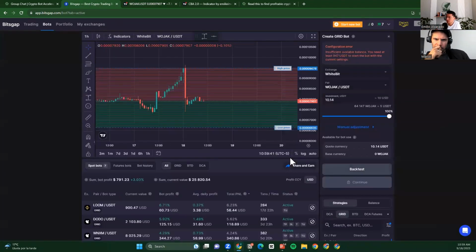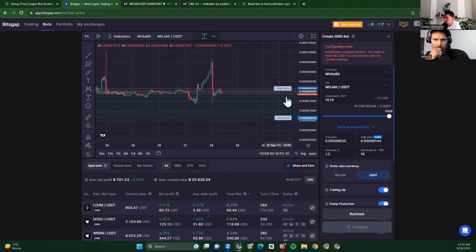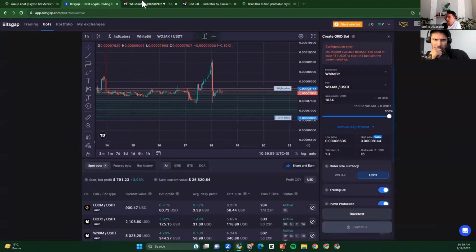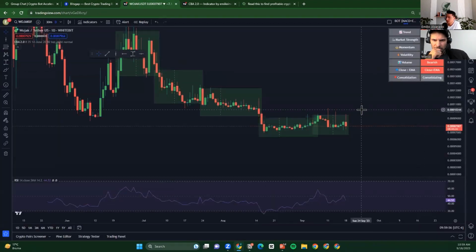So, for example, we have this one with about the same steps. And if I go to TradingView and take a look at this one, I see that everything is bearish. What is that telling me? That at some point, this is going to break down and eventually drop on volume. So I don't enter this coin.